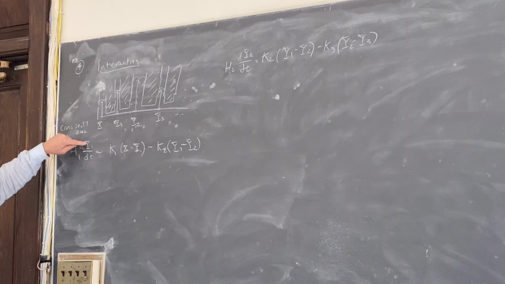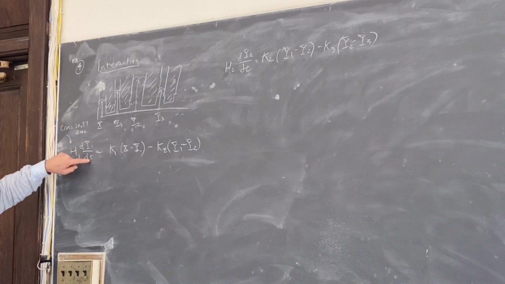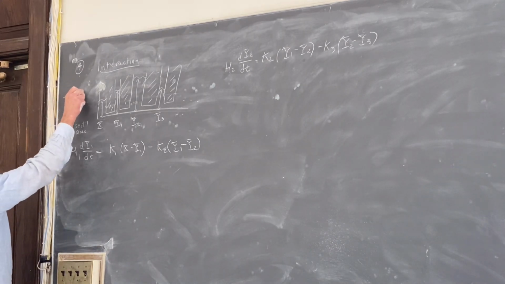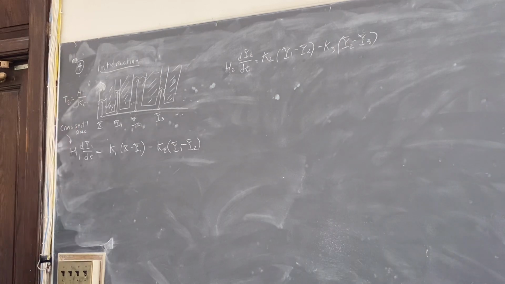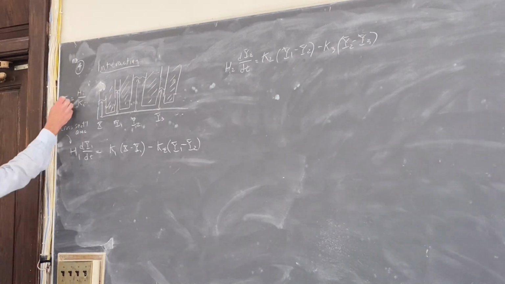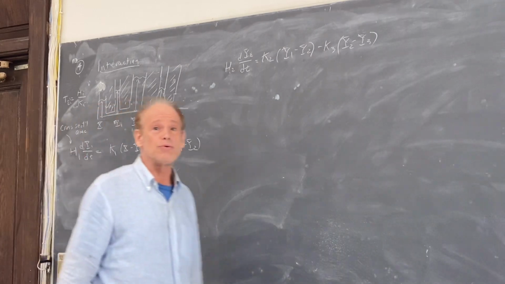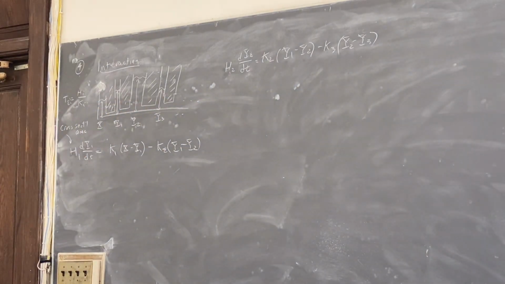Well, y is units of height, so if I have time in the denominator, I'll have a time in the numerator. So I'm going to let ti be equal to hi over ki. And that has units of time, so these are time constants, just by dimensional analysis. Okay, are you with me?